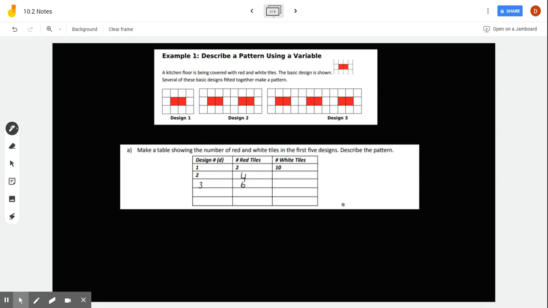So therefore, 2, 4, 6. Separately, now let's look at the number of white tiles. In design 1, if you were to count, you would discover there were 10 white tiles. In design 2, there were 20. And in design 3, you would discover there were 30.